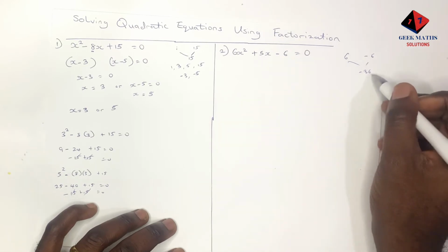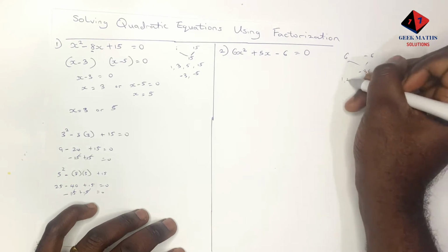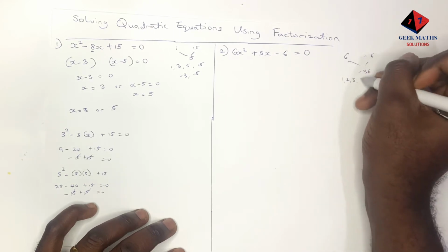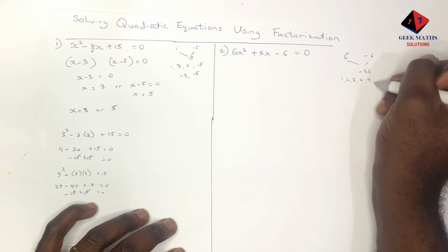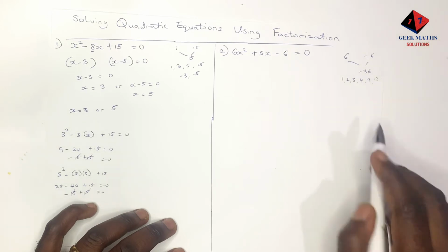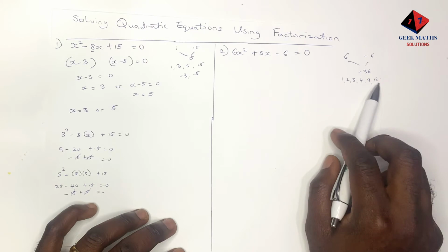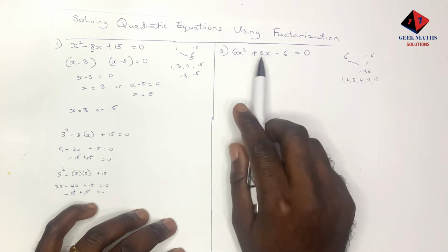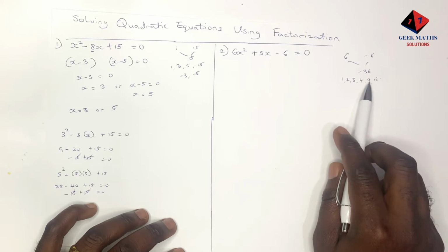So we take the factors of 36. The factors of 36, we have 1, 2, 3, 4, 9, there's 12, and so on. We can see 3 times 12 is 36, but then it doesn't add up to give you 5. But 4 times 9 is 36.